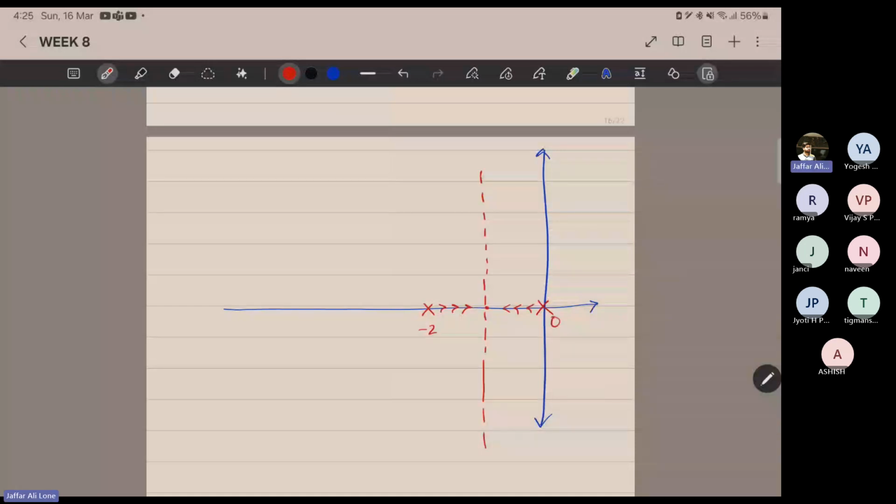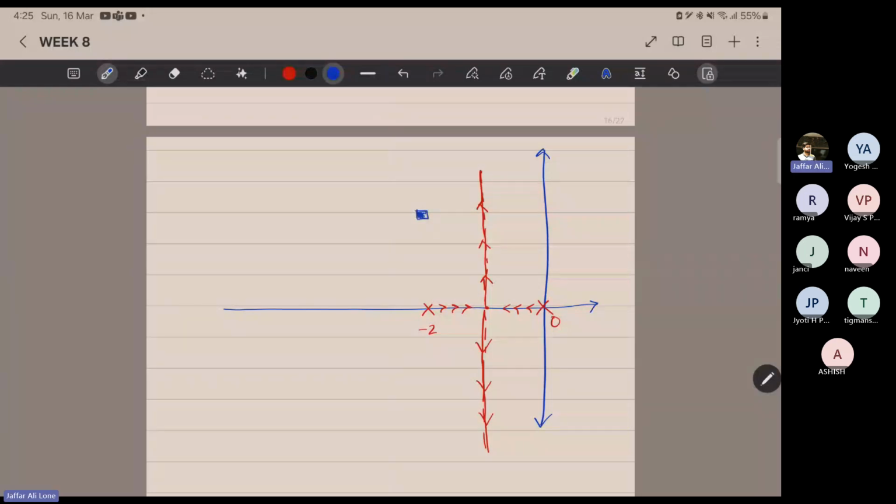So it will go to infinity from here. So this is my root locus. Now let's locate my desired pole. My desired pole is somewhere here, right?